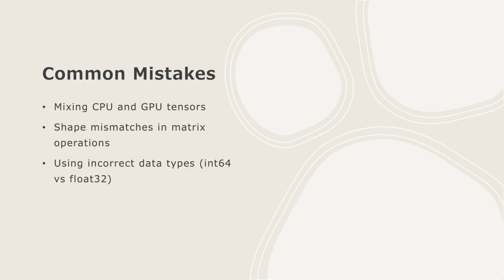Finally, a frequent source of confusion is using the wrong data type. Operations between integers and floating point numbers can sometimes fail or produce unintended results. To fix this, confirm that your tensors share the same data type, such as float32. By paying attention to these details, you'll save time and avoid many beginner frustrations.